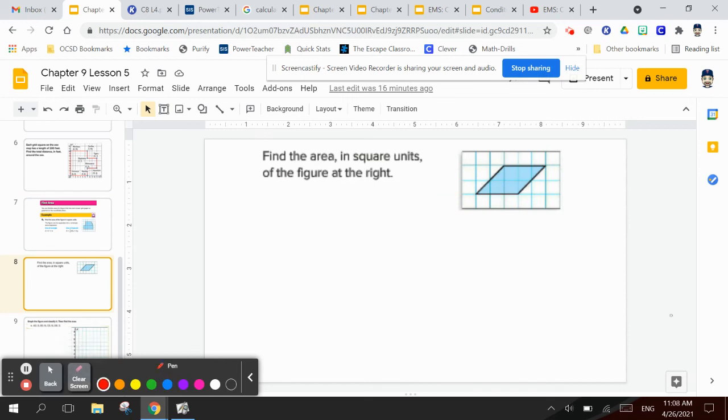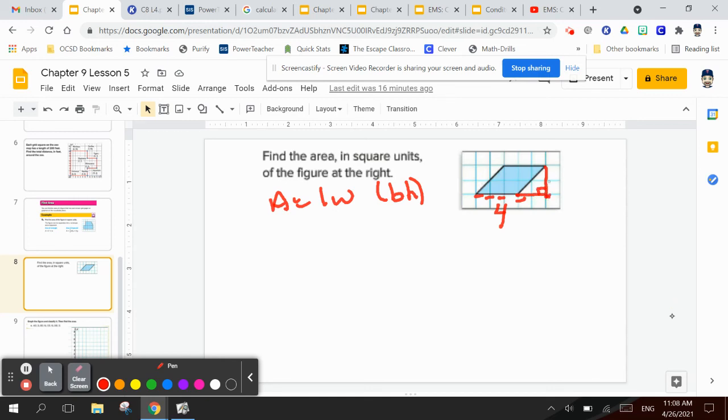Let's look at the area of this quadrilateral. So I know the area equals length times width, or base times height, however you'd like to read that. So my length is here, so it's 1, 2, 3, 4. The height, of course, is not the diagonal line, but it's this line here from where these two meet.